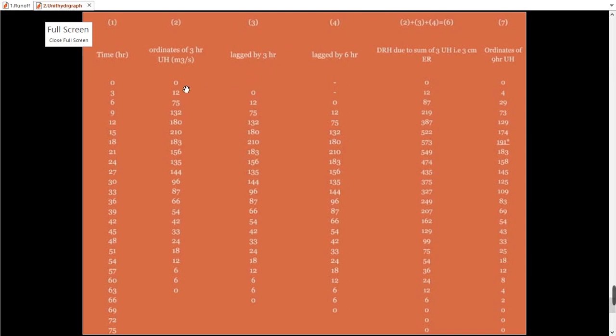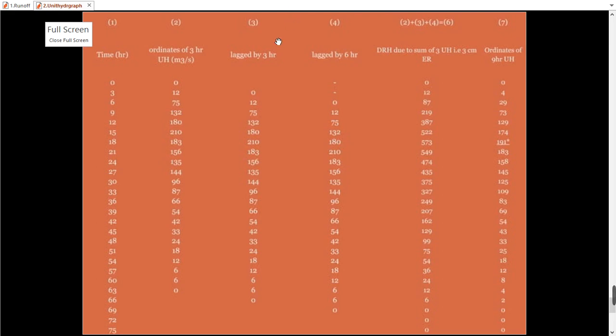You see, this will come down. So the values 12, 15, 30, 32. Then here we leave the first place and this comes from there. Then likewise, lagged by 6 hour. Everything is an assumption. They make these assumptions only for the design purpose. They do these calculations, so actually they are not the correct values, right?